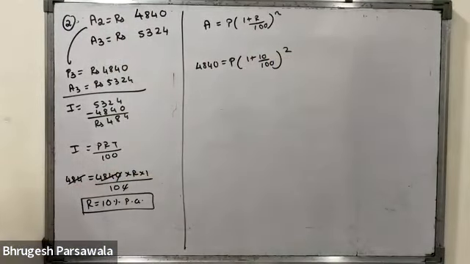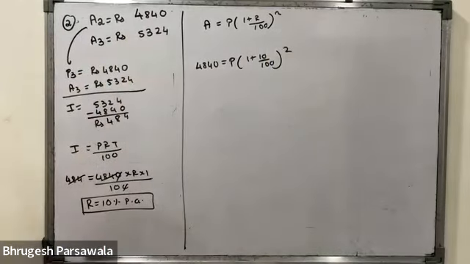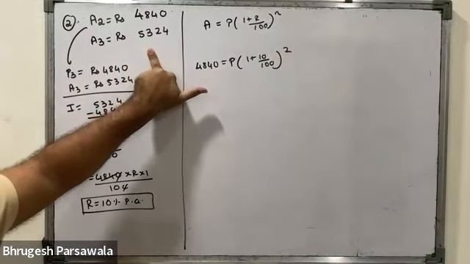Beta, none of you asked me, obviously you must be tired, that's why. But none of you asked, sir, why are we not taking 5324? Any reason?